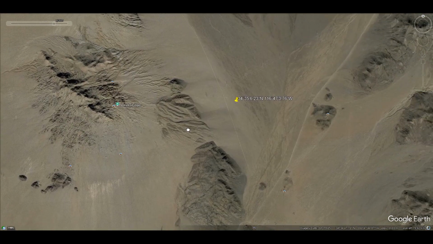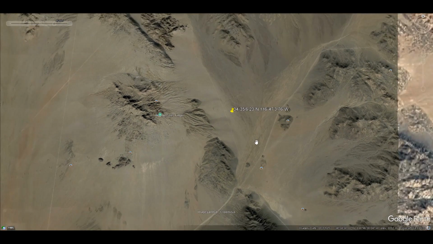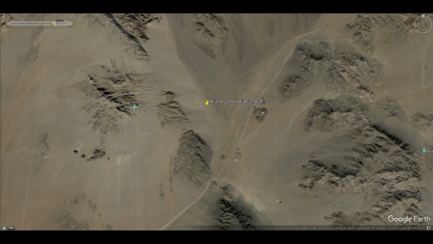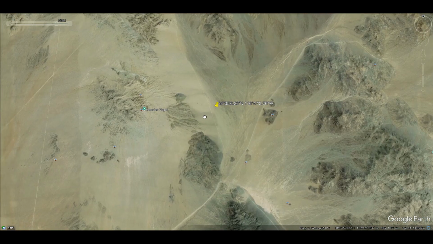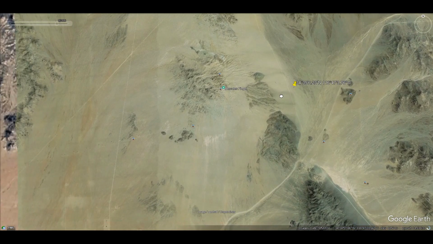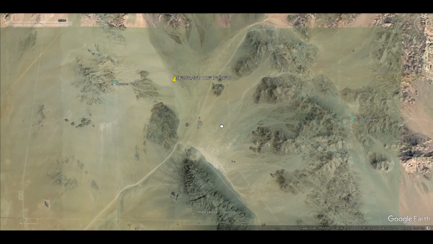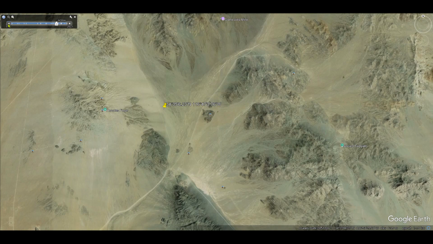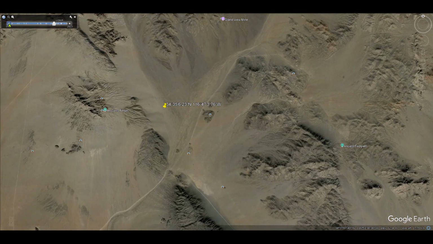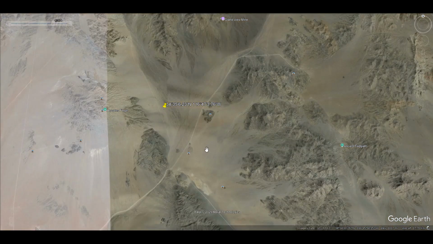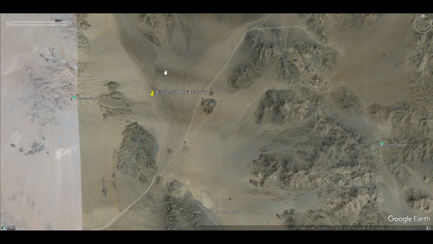Well, let's see if the Pillars of Hercules are also located here. Something has appeared here, but it's not very clear. Let's try to move a little further.